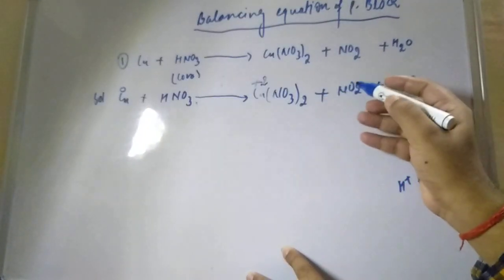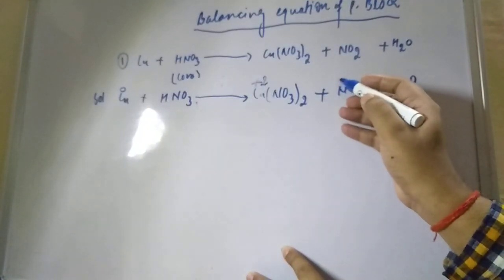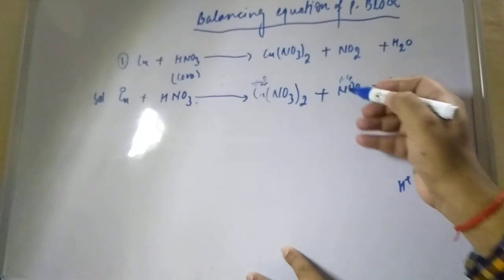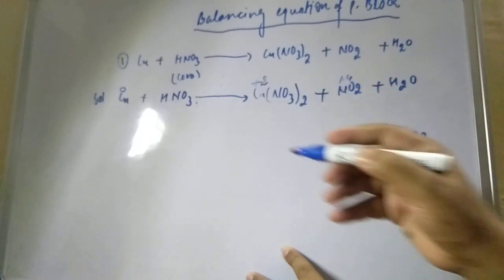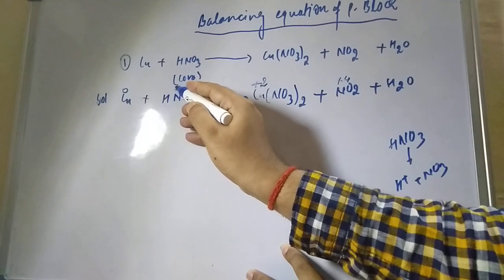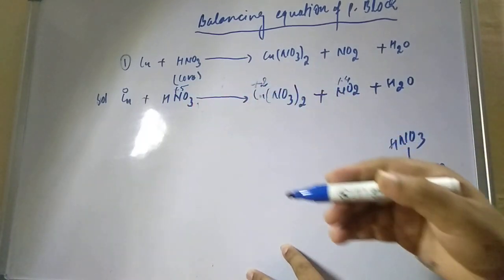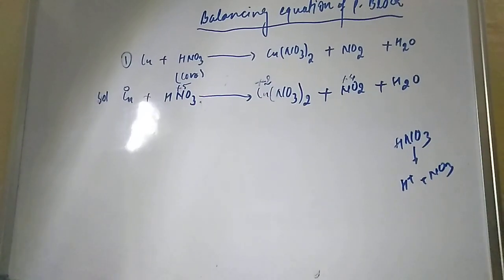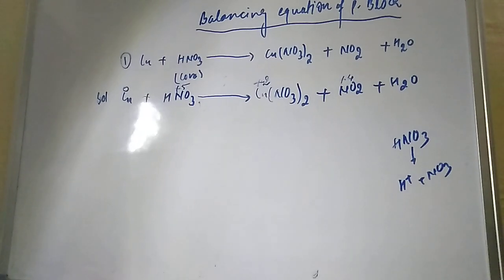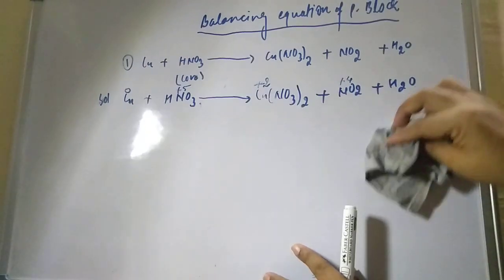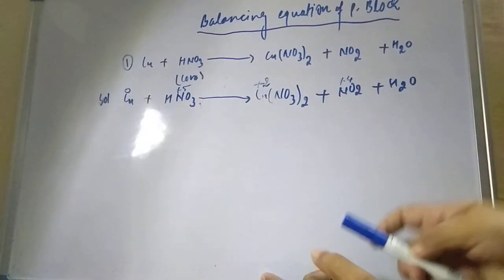The oxidation number of nitrogen in NO2 is plus 4 and in nitric acid is plus 5. You can calculate, friends, there is no problem in calculating the oxidation number. I am considering that you know how to calculate the oxidation number. I am just teaching here how to balance.